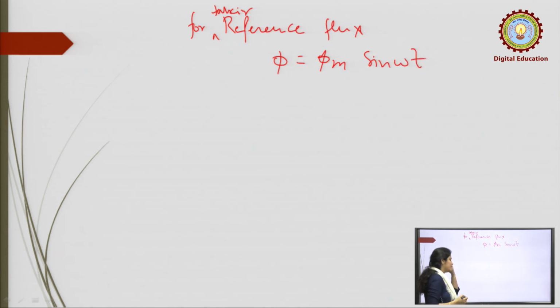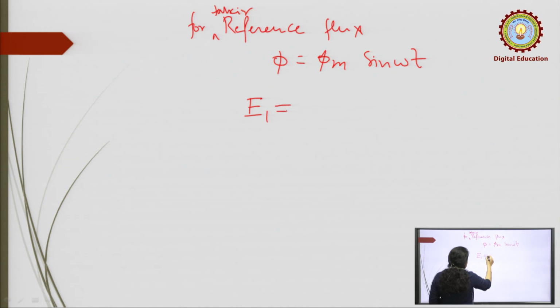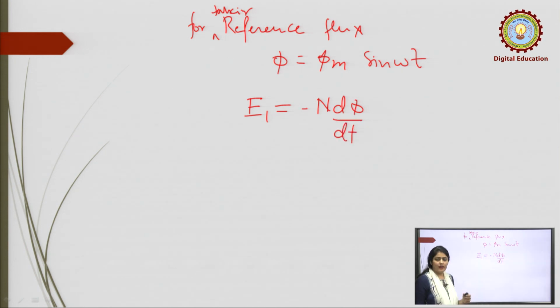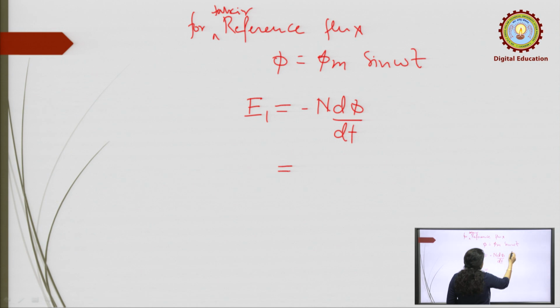So, the EMF induced in the primary coil is equal to minus N d phi by dt, and the negative sign represents that, according to Lenz's law, it opposes the cause. Okay. Put this phi value in equation 1.